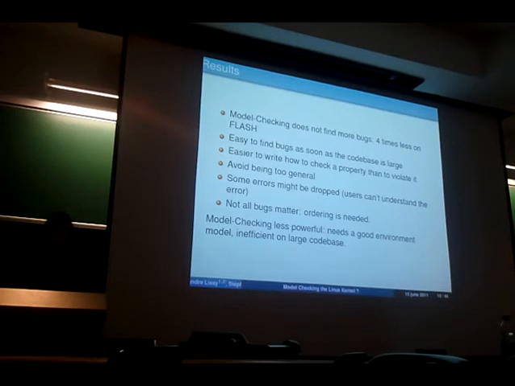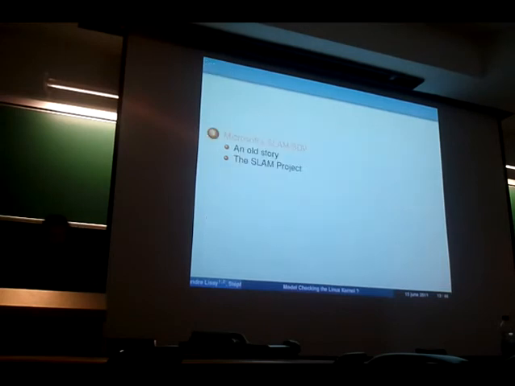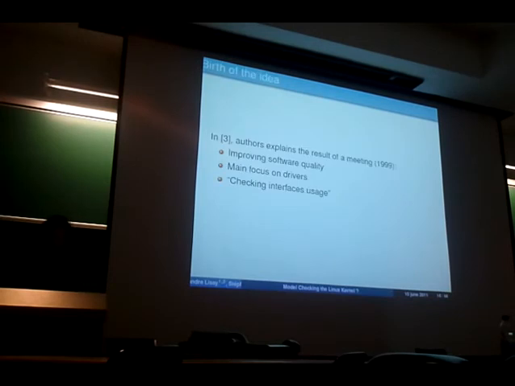So keep that in mind, because Microsoft has another point of view. In the first paper, which is dated just one year before the millennium, they explained that they had a meeting aiming at improving software quality in the department dedicated to software quality.